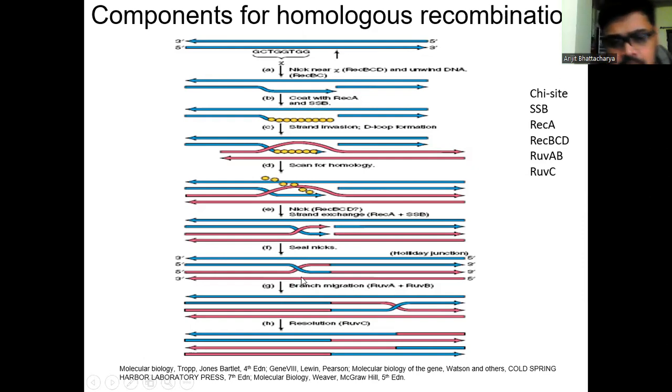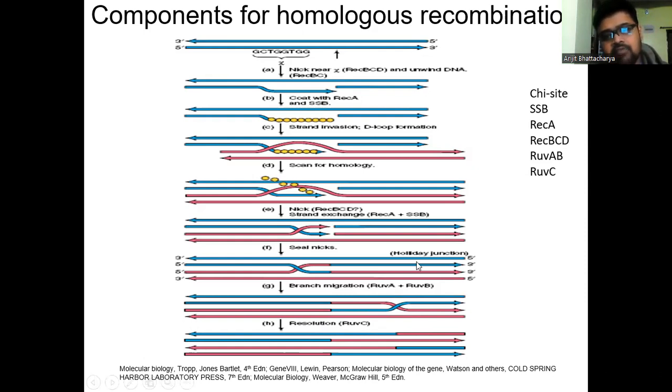Then this branch will migrate, and this migration requires two proteins, RuvA and RuvB. RuvB and RuvA allow this branch migration, and with this branch migration, the strand exchange occurs. After that, this Holliday junction is resolved by a protein called RuvC, which acts as an endonuclease.